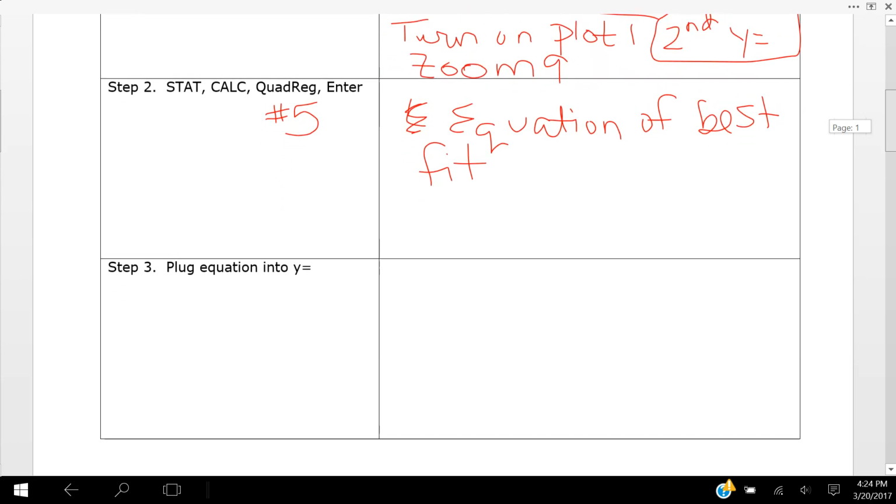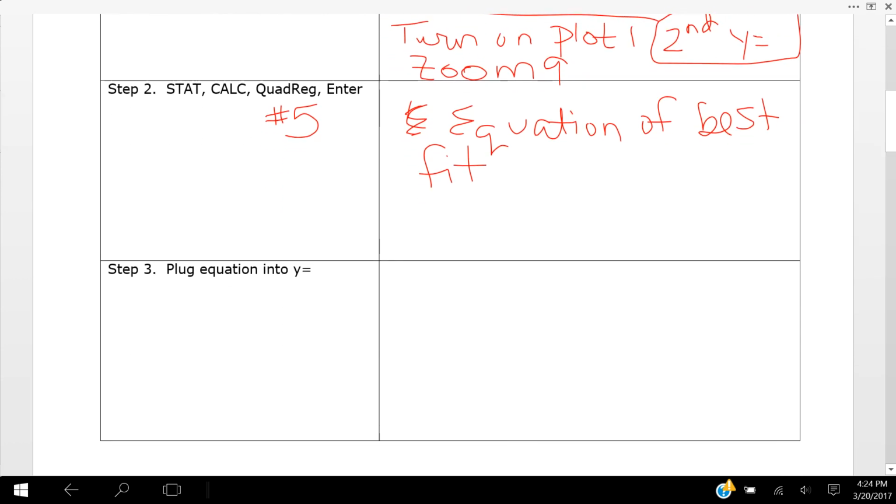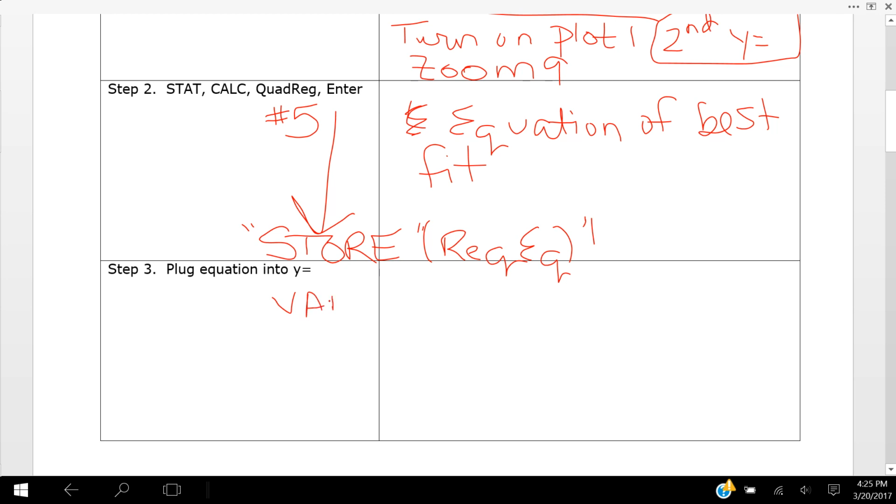You can copy down the equation and put it into y equals, but you don't have to, because after you do this, if you find where it says store, and it says something like this afterwards, then that's where you do vars, y vars, enter, enter, and it will store your equation in y1.